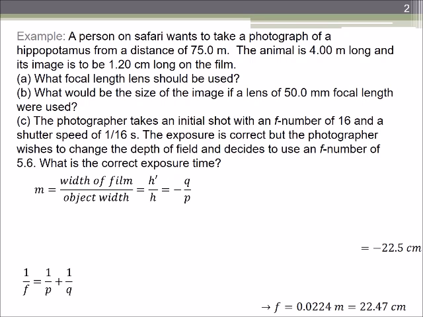Now we're going to look at an example where we use all of our camera equations to figure out the problem. So here we have a person on safari. They would love to go on a safari and take a photograph of a hippopotamus, which is very dangerous, from a distance of 75 meters. Hopefully that's far enough away, but that distance is our P value.